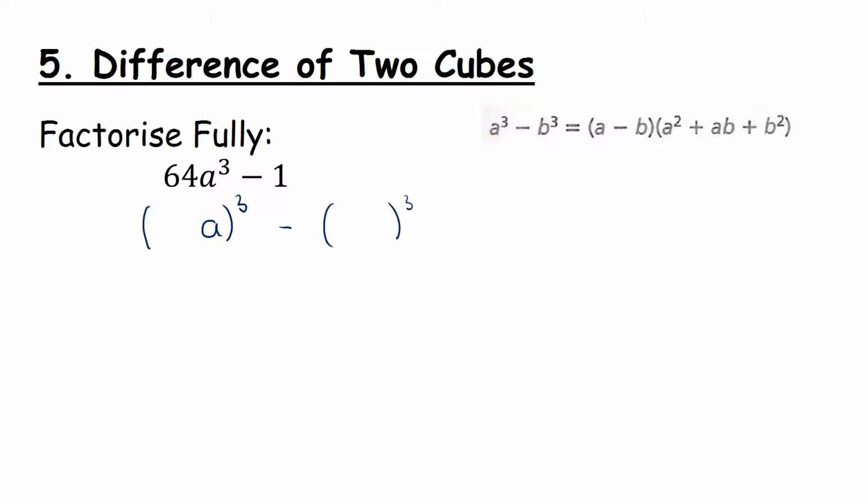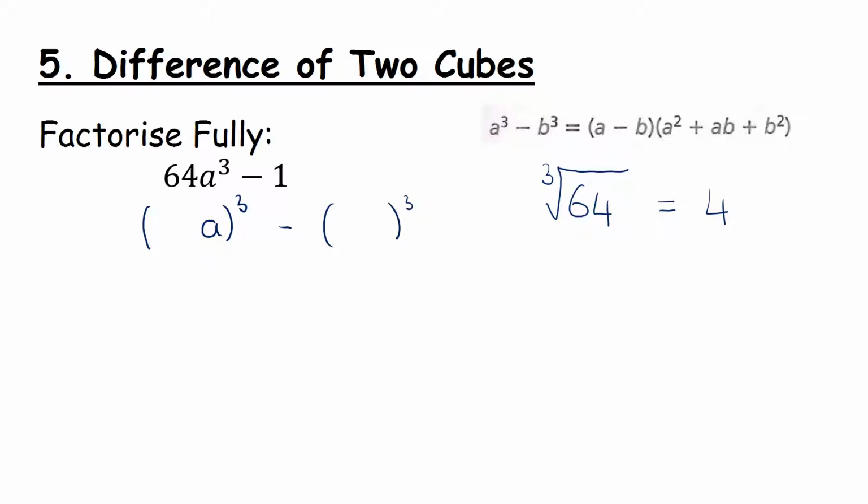And in this case, what number multiplied by itself and multiplied by itself again gives me 64? Well, we can use what's called the cube root, and this again is on your calculator. When you put 64 into your calculator, it should give you 4. So 4 by 4 is 16. 16 by 4 gives me 64.